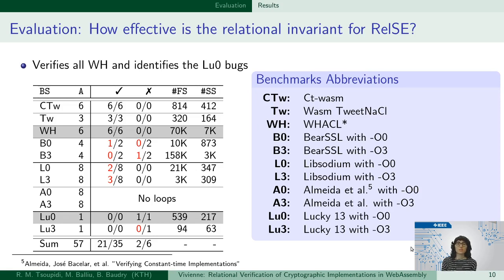Also, the invariant generation technique is able to check 57% of the implementations. The rest of the implementations cannot be analyzed due to over-approximations, for example, caused by the lack of constraints on the loop bounds. In our results, there are no false positives, although they may occur.